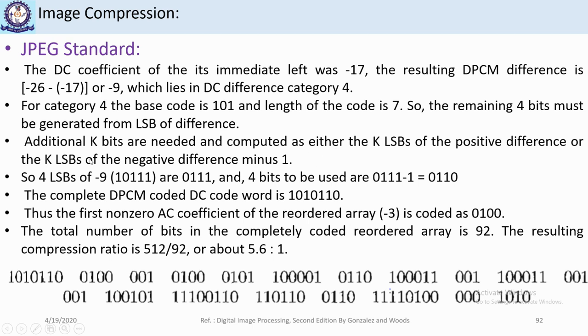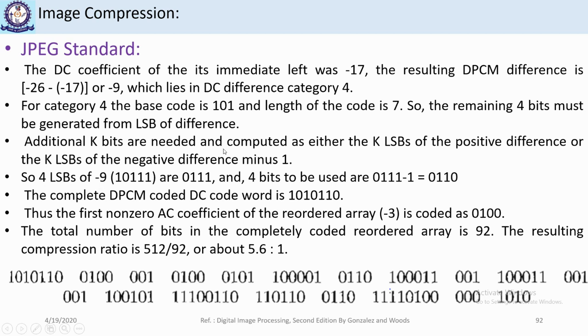For this particular case, we need to find four LSBs, since the code length is 7.